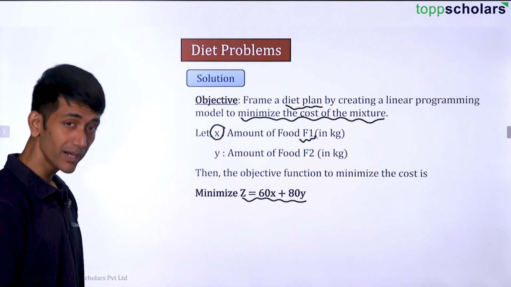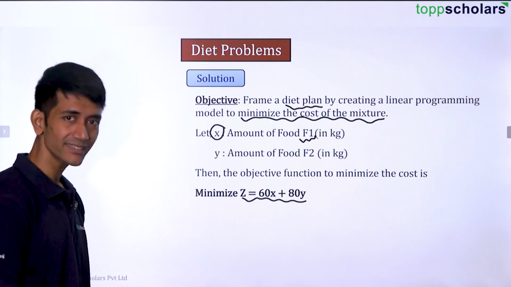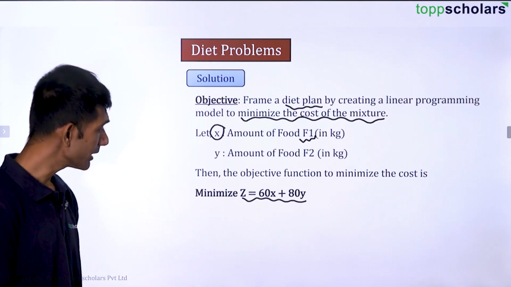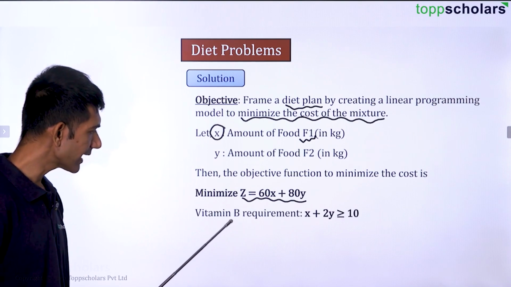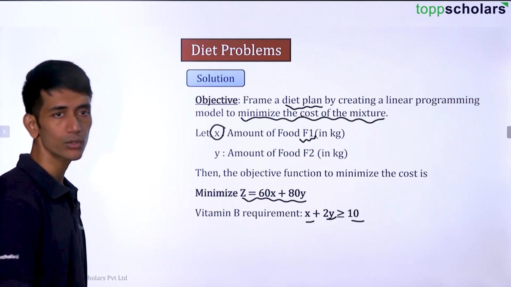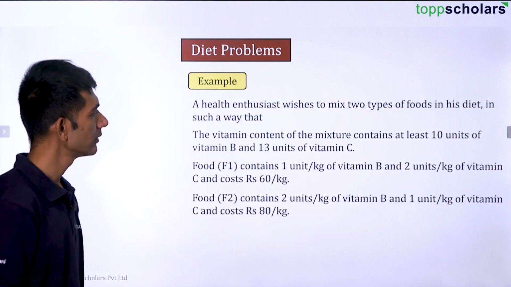Okay. But if you see the constraints here, we need vitamins and minerals at minimum, right? So here we can say that the vitamin B requirement is X + 2Y ≥ 10. Where are we getting this from?